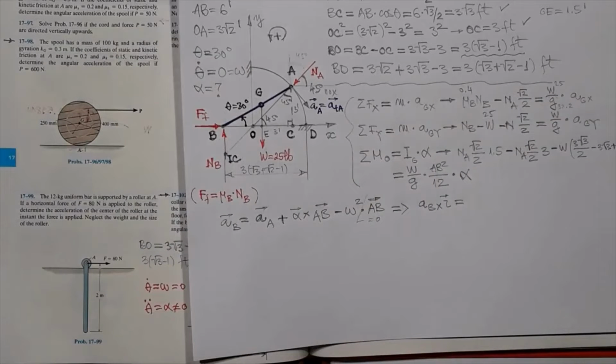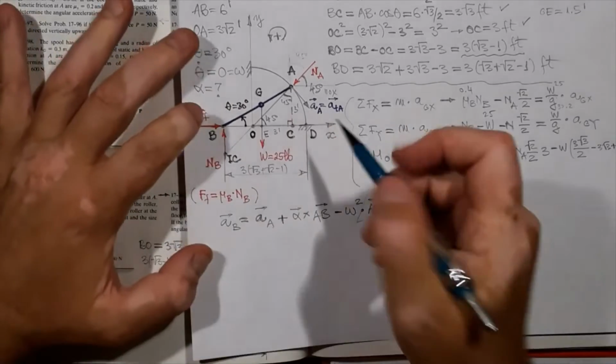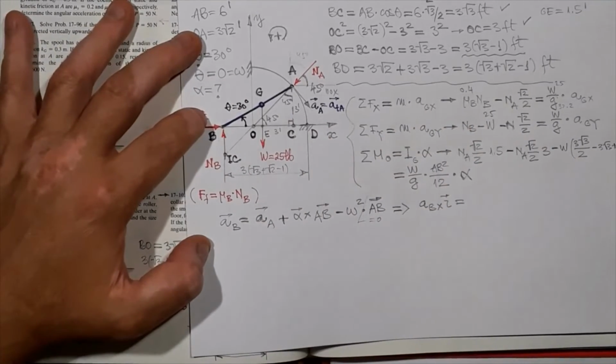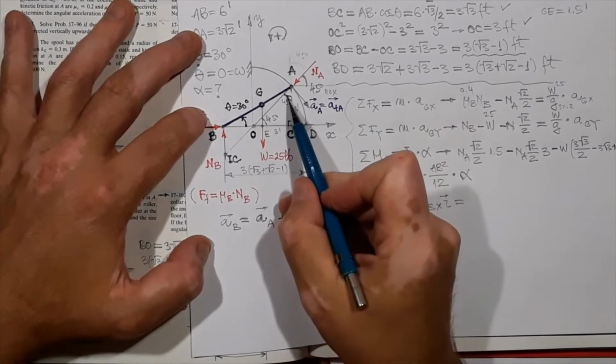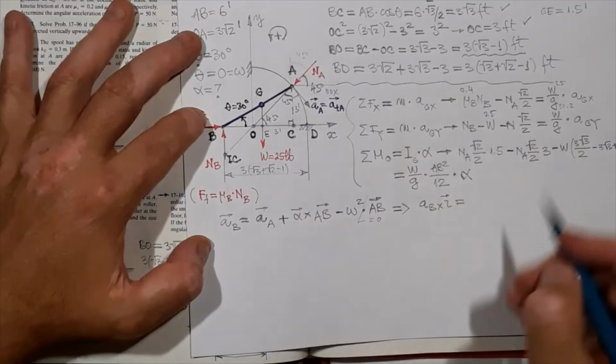And for a point that's moving on a circle, we can tell its x and y components. So if this is 45, this is also going to be 45.